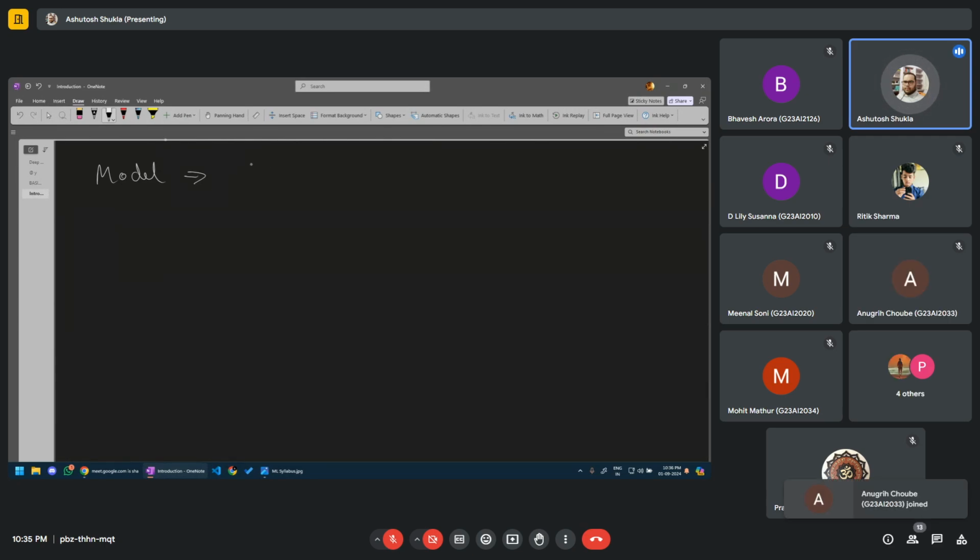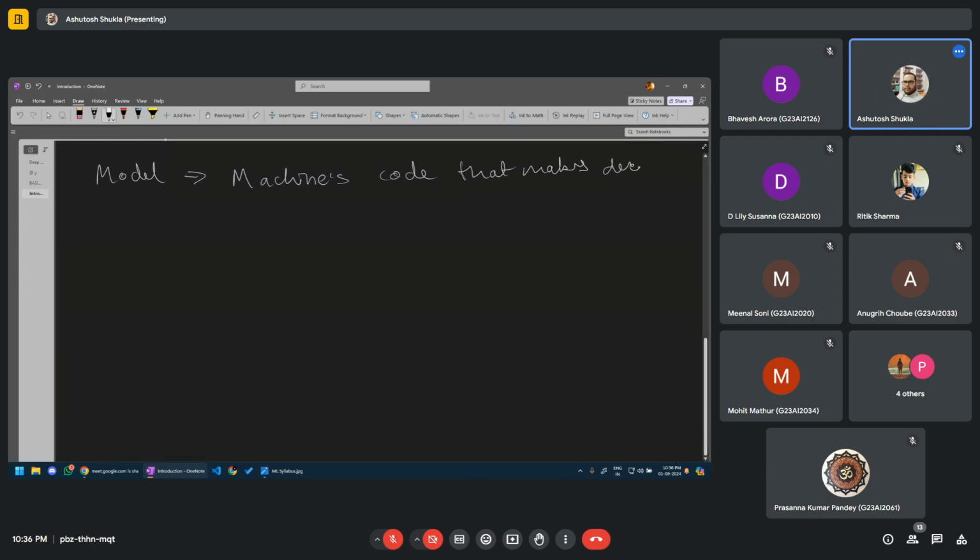Let's just put it this way: this is the machine's code that makes decision. That's what a model is. It creates a decision based on how you want it to take the decision. That's what it is. And there is training.